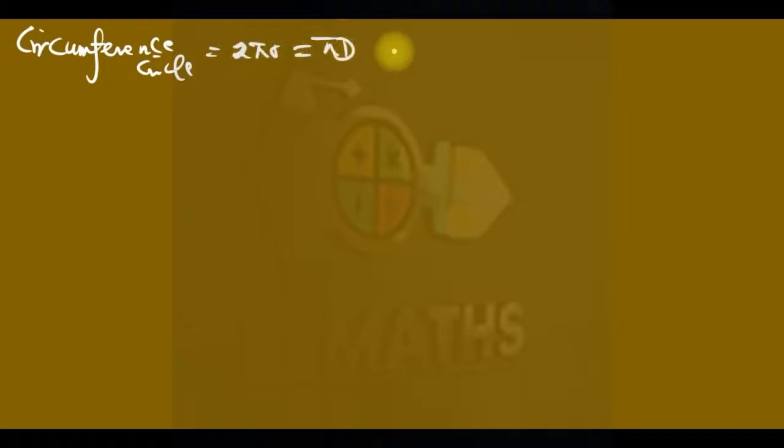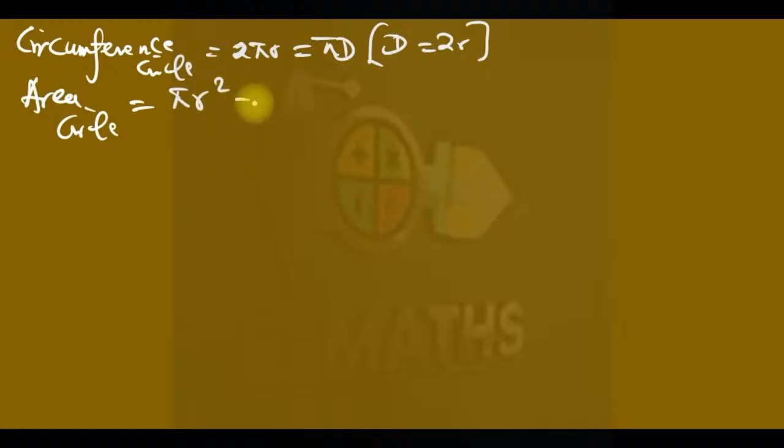Since we know that circumference of a circle is always 2 pi r, or maybe pi d, because diameter is 2 times radius, and we know that area of a circle is always pi r squared, or in terms of diameter pi d over 2 squared, which is pi d squared over 4. So it's either this or this.